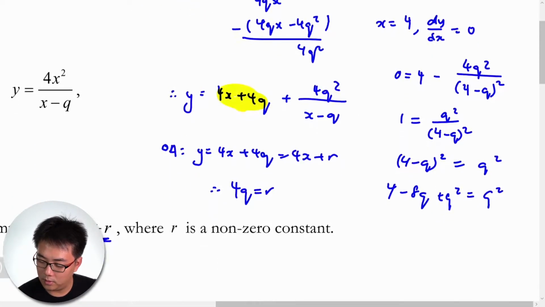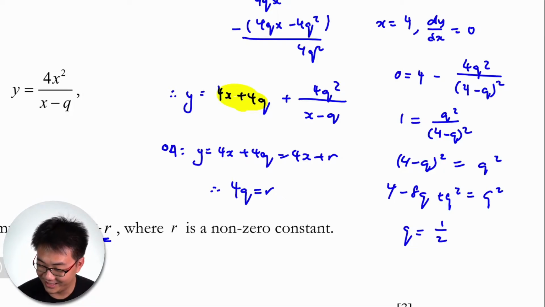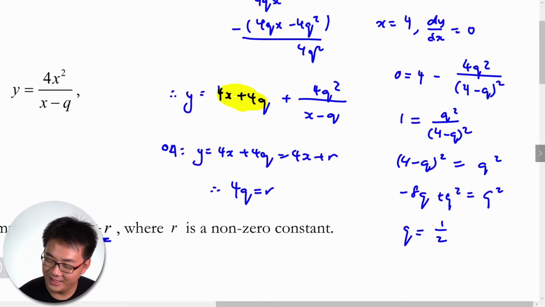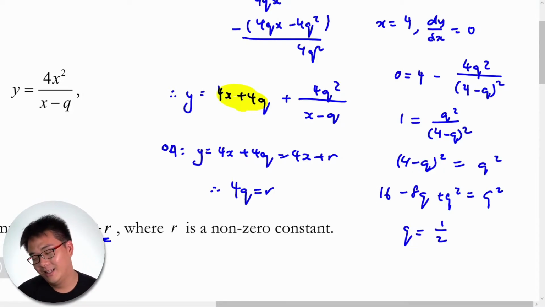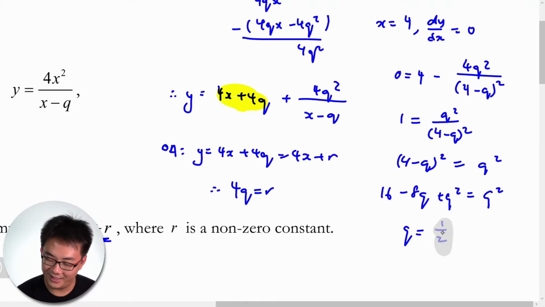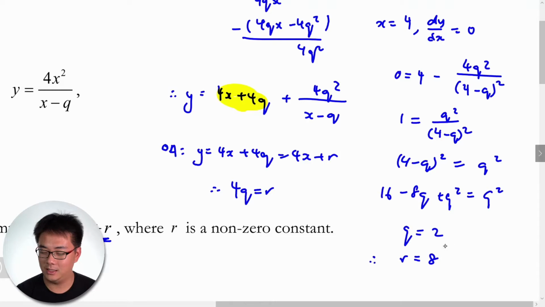Sorry, this is 16. So q equals 2. Hence r is equal to 8. So that's the answer.